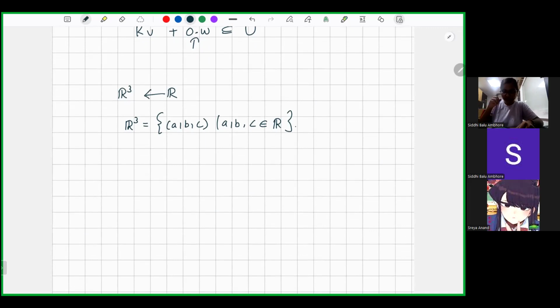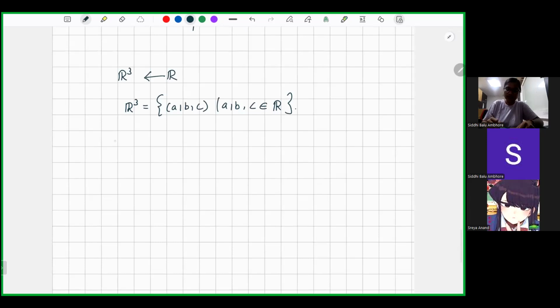Okay, so a vector space first of all has two operations. First is addition and second is scalar multiplication.